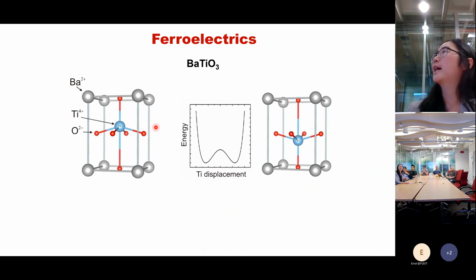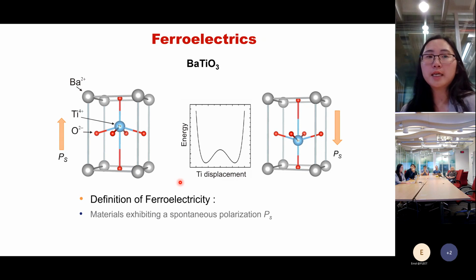crystal structure here, and in this structure we can see that the center atom, the titanium, is actually not located at the center, it is slightly offset. So this gives it a dipole in this structure, which forms this spontaneous polarization.